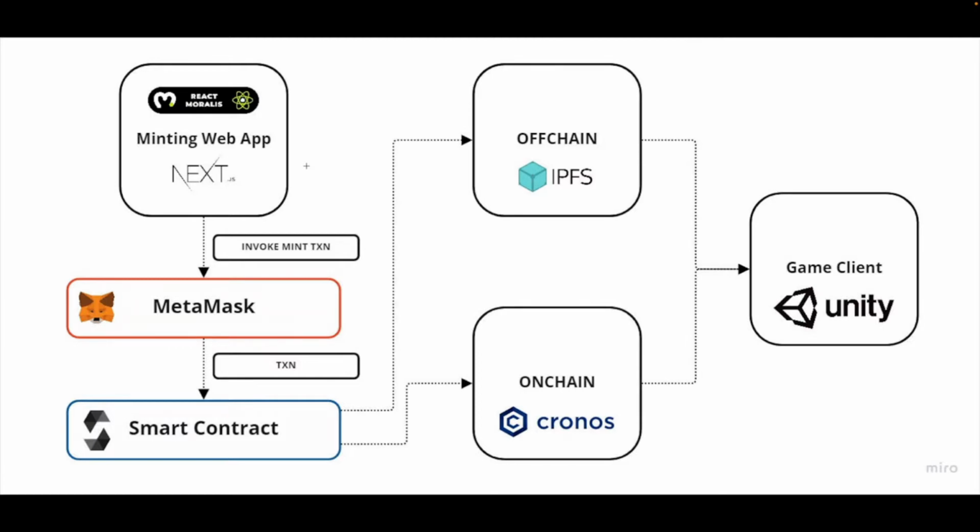And then we send information or the metadata of our specific ERC 721 token to IPFS, as well as save the information on chain. And finally, if we were to build a game client, we can then use the different ways of importing information, whether that is the Cronos Play ChainSafe SDK, or Moralis.